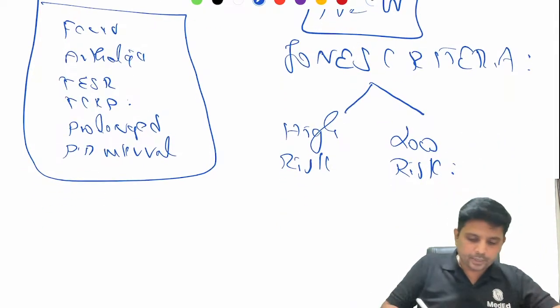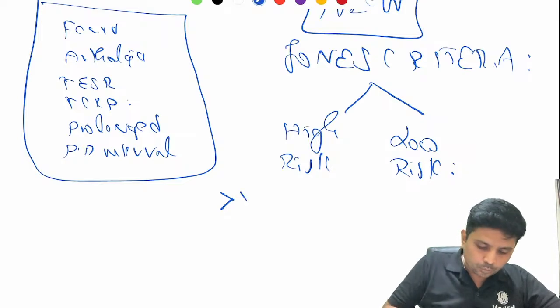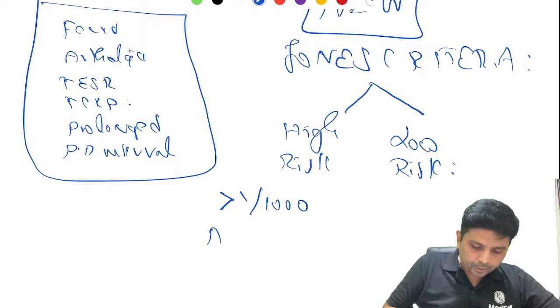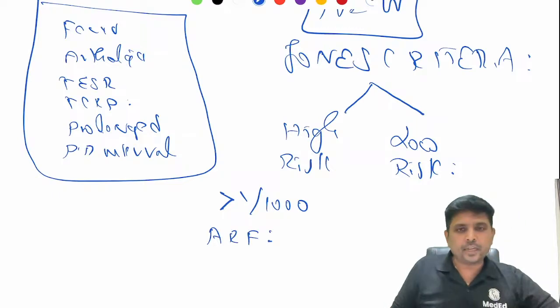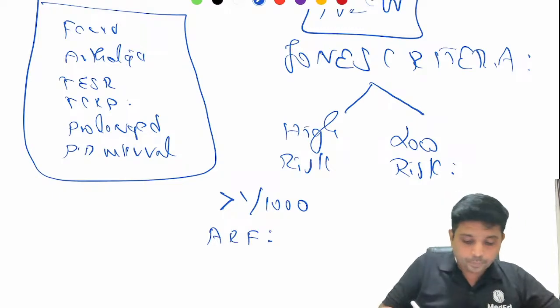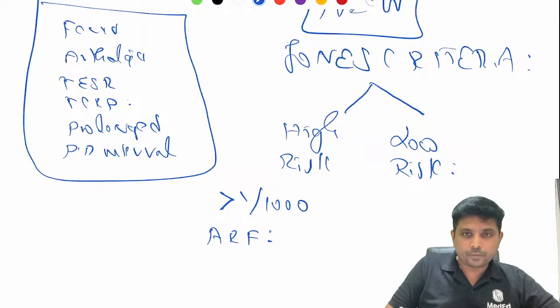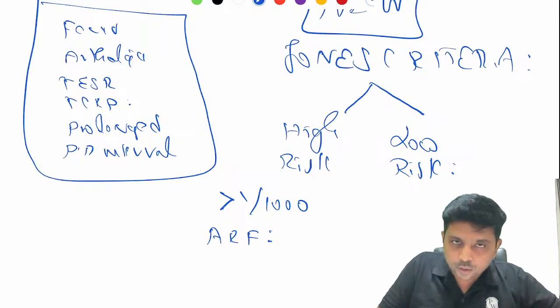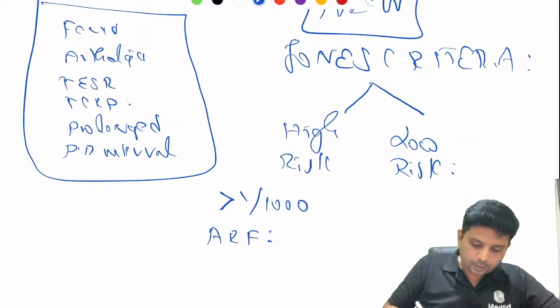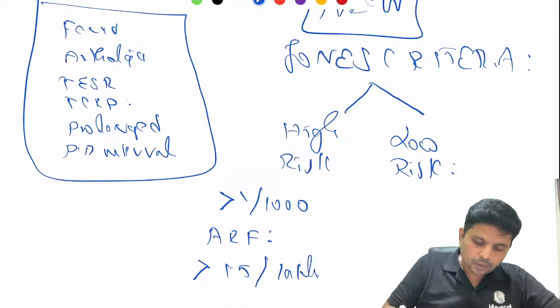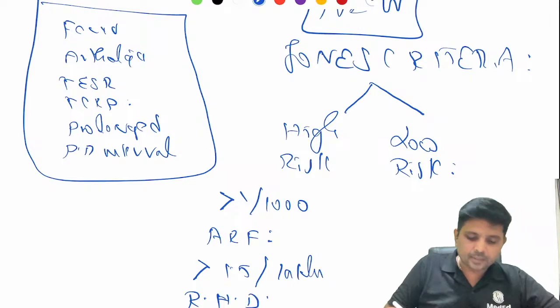What do you mean by high risk? When you have more than 1 per 1,000 population acute rheumatic fever in a year, or more than 1.5 per lakh rheumatic heart disease, it means high risk.